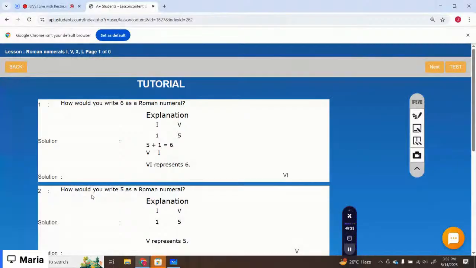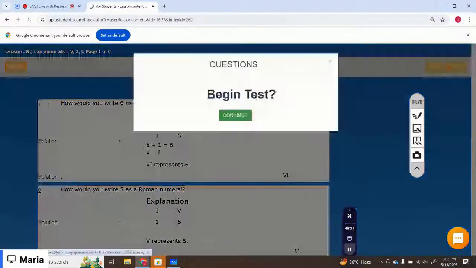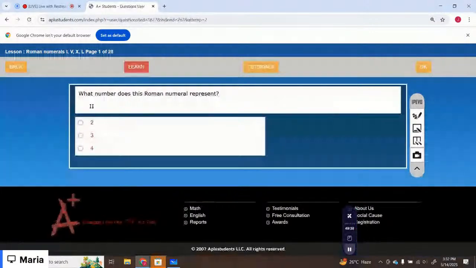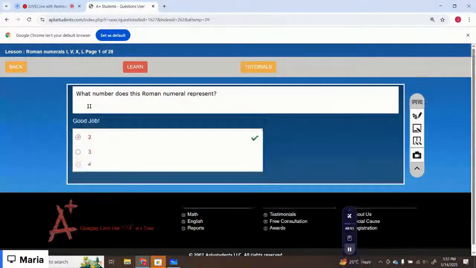Let's just start with the test questions. What number does the Roman numeral represent? So I is for 1 in the Roman numeral. So we have I. Option number 1 is the correct option.